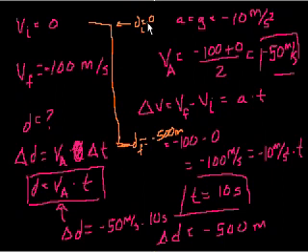We could have done it the other way around, where we said this is plus 500 meters and this is 0. But all that matters is really the change in distance. We're saying from the top of the cliff to the ground, the change in distance is minus 500 meters. And based on our convention, minus is down. So the change is 500 meters down, and that's the height of the cliff.